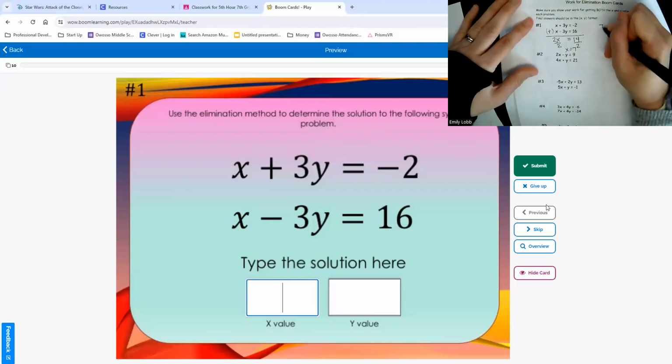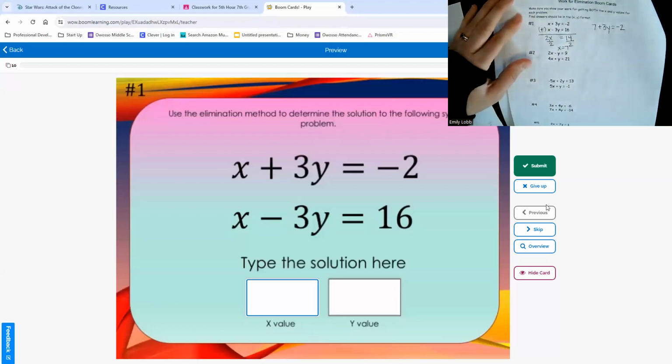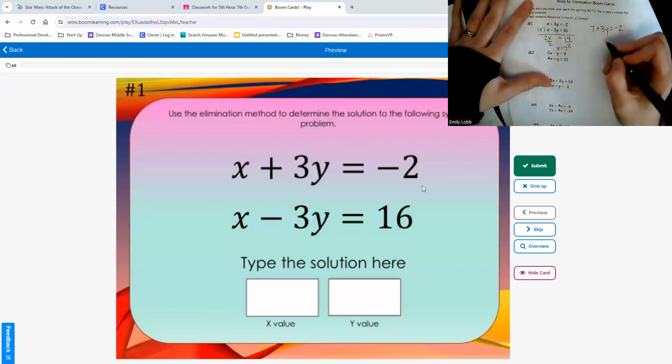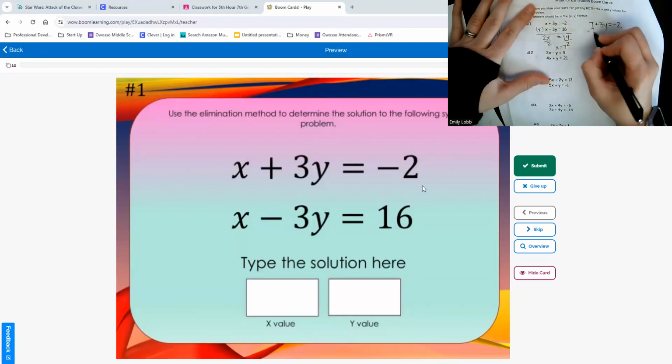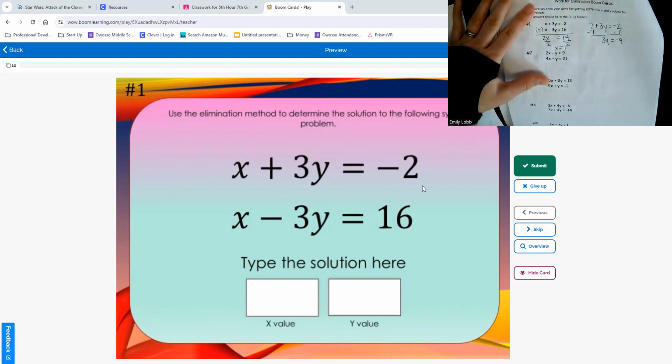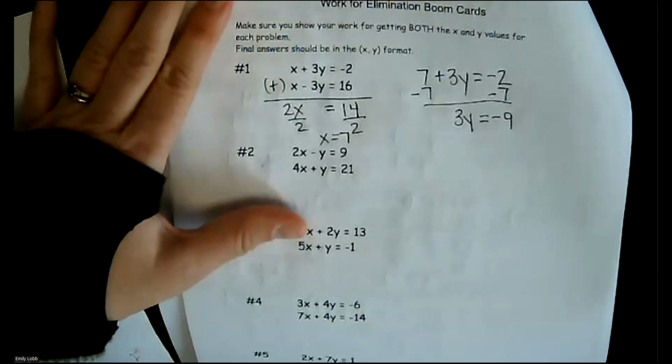If I put it into the top equation, 7 plus 3y equals negative 2. And then I solve that for y. So I would subtract 7 from both sides. 3y equals negative 9. Is it easier if I just stop sharing for you to see?